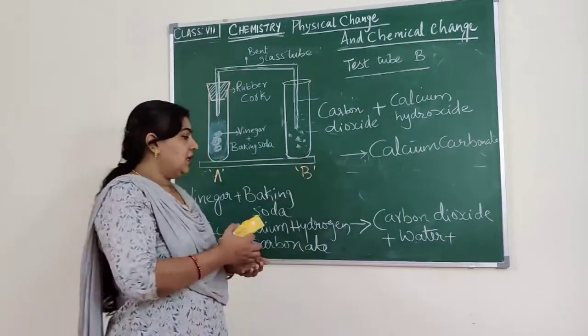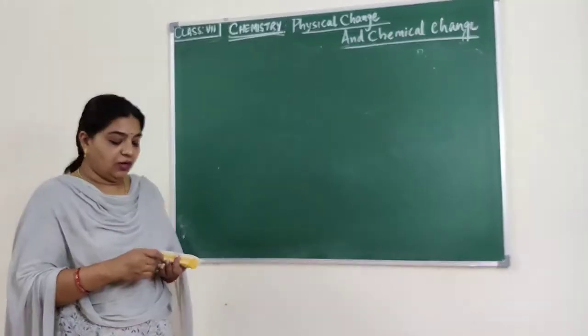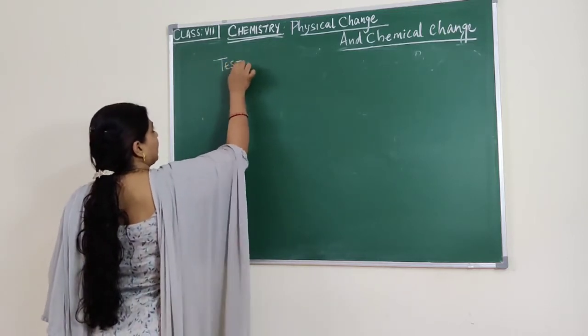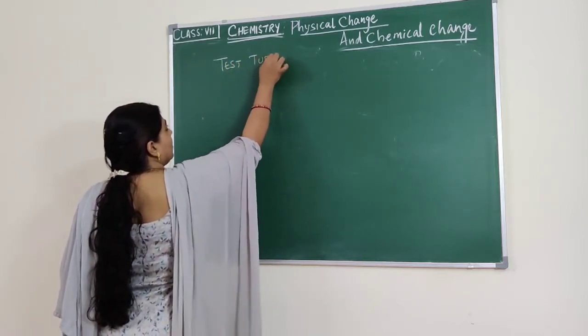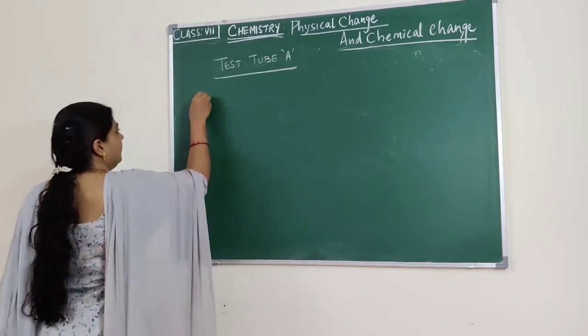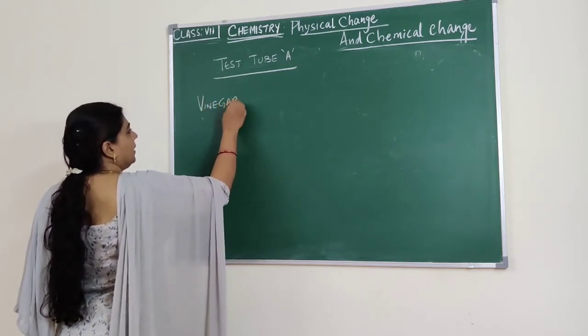So let us put the reaction properly. Let us put down what happens in test tube A. In test tube A, what we have taken? We took vinegar and baking soda.